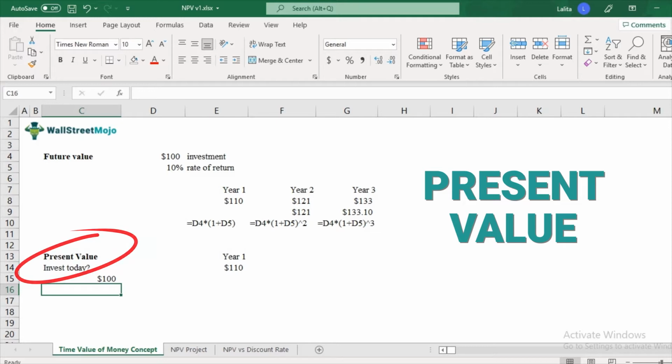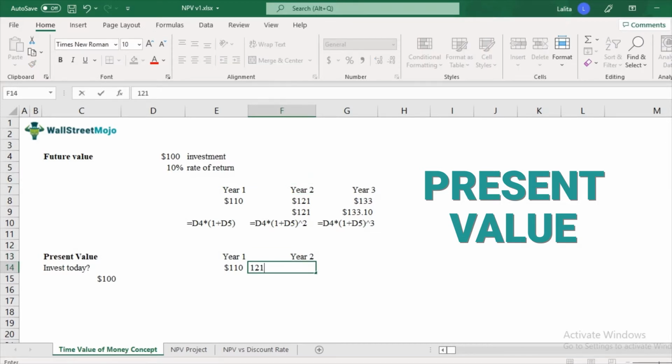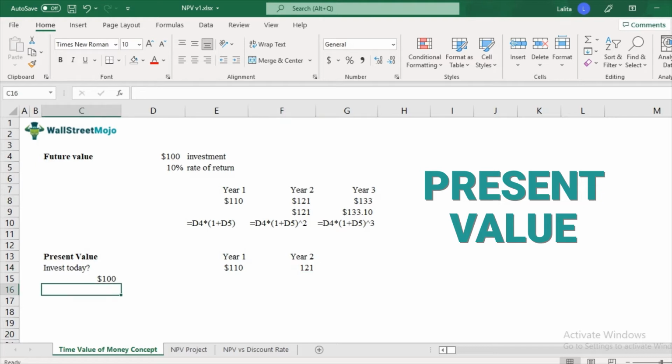Okay, now let's take another step. Let's assume that you want to earn $121 at the end of second year, and you want to find out how much should be the present value today so that you can earn $121 at the end of second year, assuming that the rate of return is again 10%. So how does the formula change?